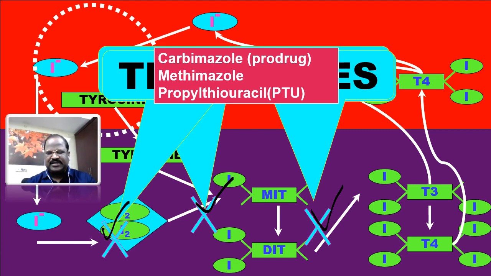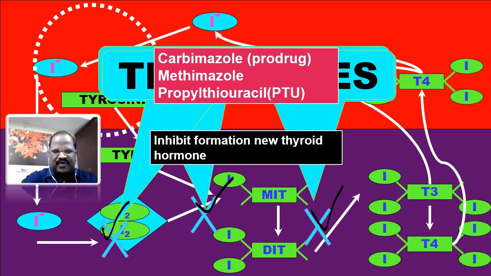That means three steps: inhibiting oxidation, inhibiting organification, and also inhibiting coupling. By these three important mechanisms, ultimately they inhibit synthesis of T3 and T4 hormone. That's the mechanism of action. All these three drugs inhibit the formation of new thyroid hormone.